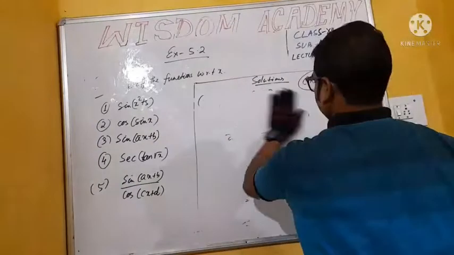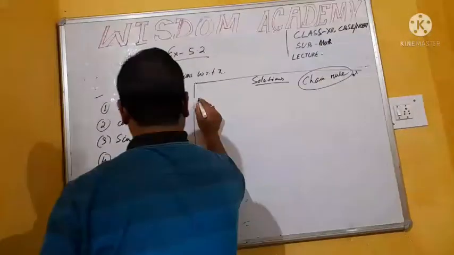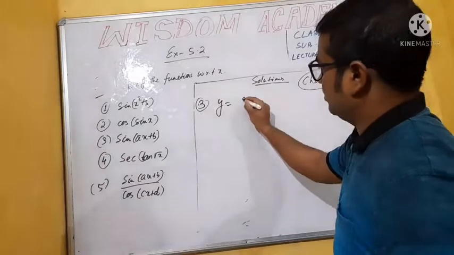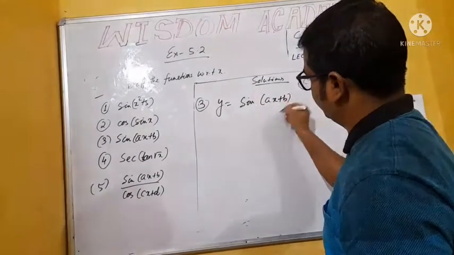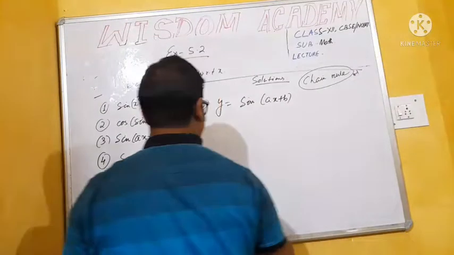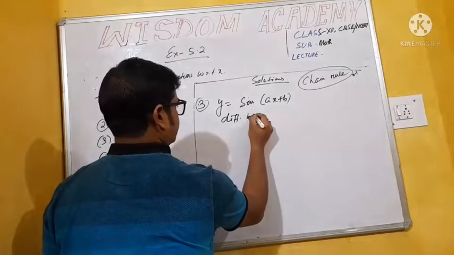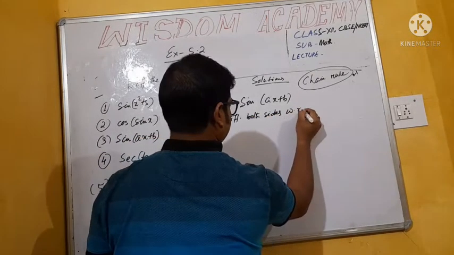Number 3, let y is equal to sine of ax plus b. So you can write differentiating both sides with respect to x.